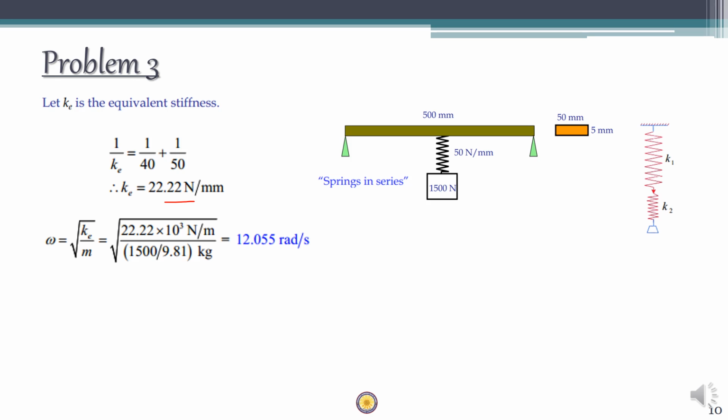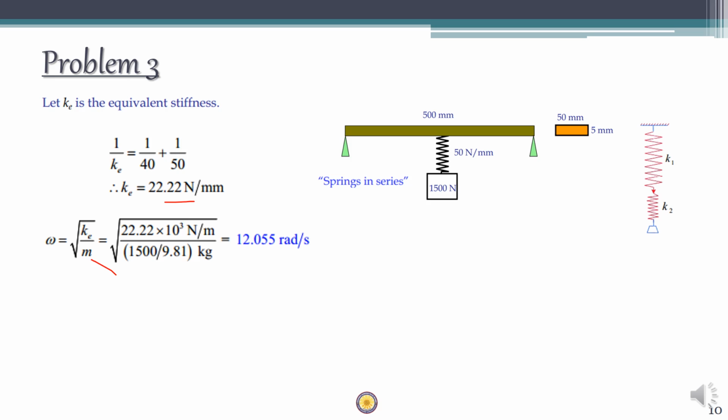We have the expression omega is equal to root k by m. Substituting the values of k and m, we get omega as 12.00055 radians per second.